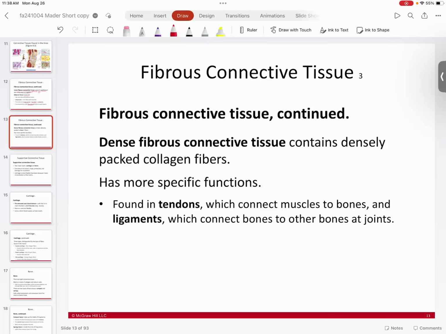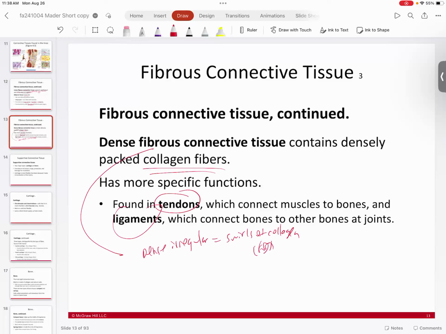Your dense fibrous connective tissue is basically where you get those waves of collagen fibers like we saw before. And generally speaking, you're going to find those in tendons and ligaments. And actually, you can break your dense fibrous into two different types, either dense irregular, which is like little swirls of collagen, kind of like little pink swirls like this, or you can get dense regular.